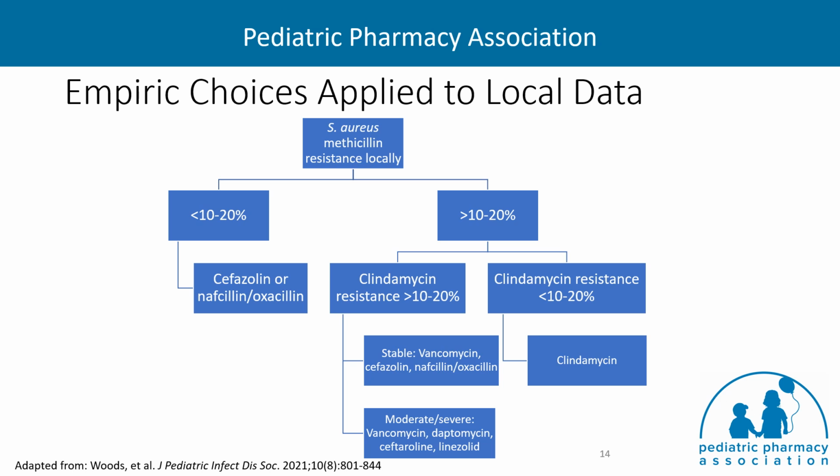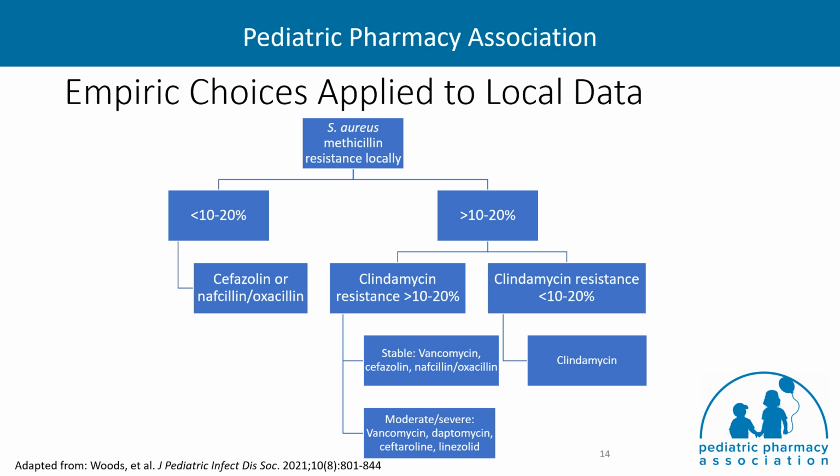If they're moderate or severe, you're definitely going to do vancomycin, and some institutions may even consider other agents there. If clindamycin resistance is less than 10 to 20%, you're going to put them on clinda in most scenarios. So this is the flow chart that they outline in the guidelines.